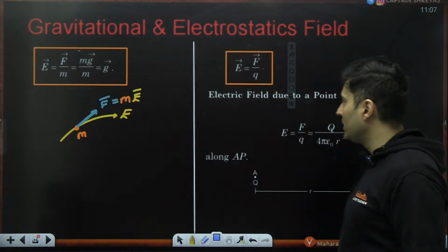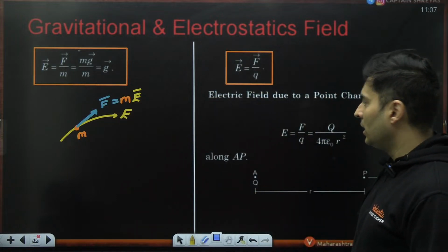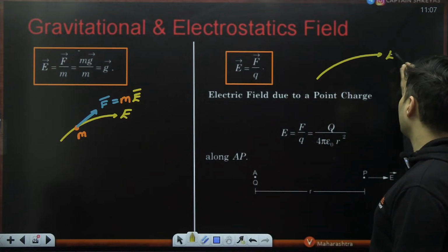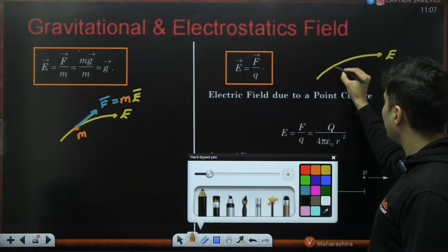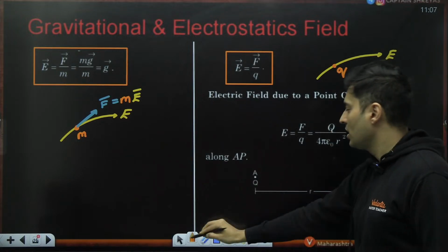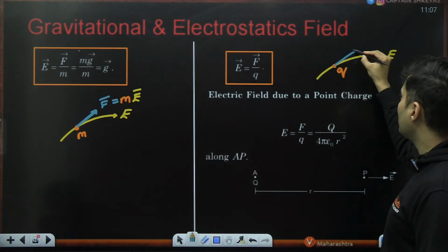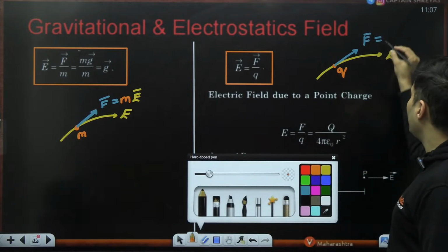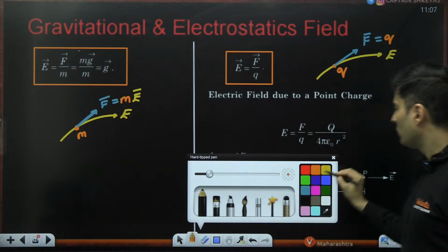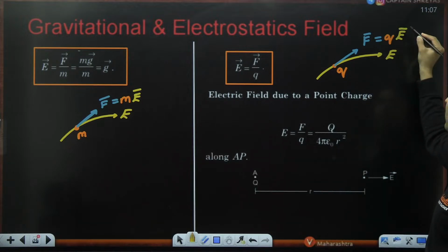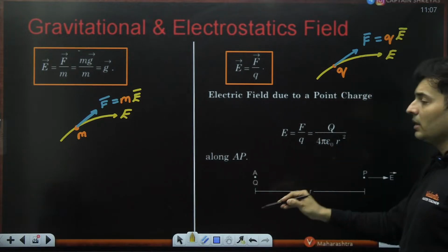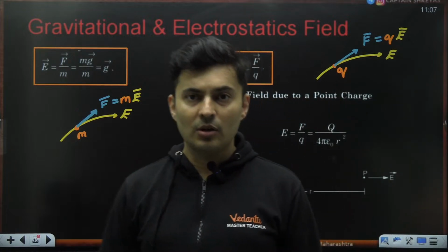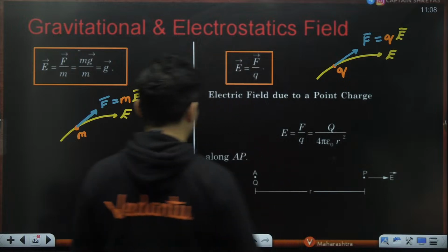It is always per unit charge. And the same logic applies there also. If you have an electric field and in that you place an electric charge, then it will experience a force given by the value of the charge into the electric field. Please remember, if the charge is negative, then the force will be in the exact opposite direction.